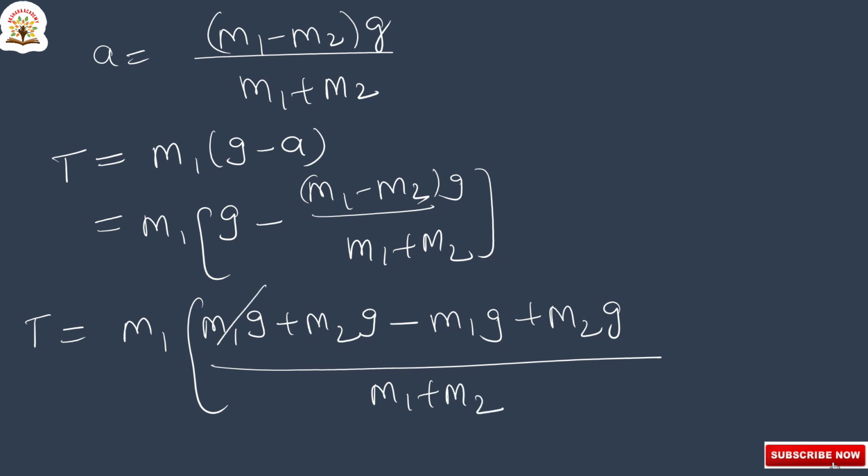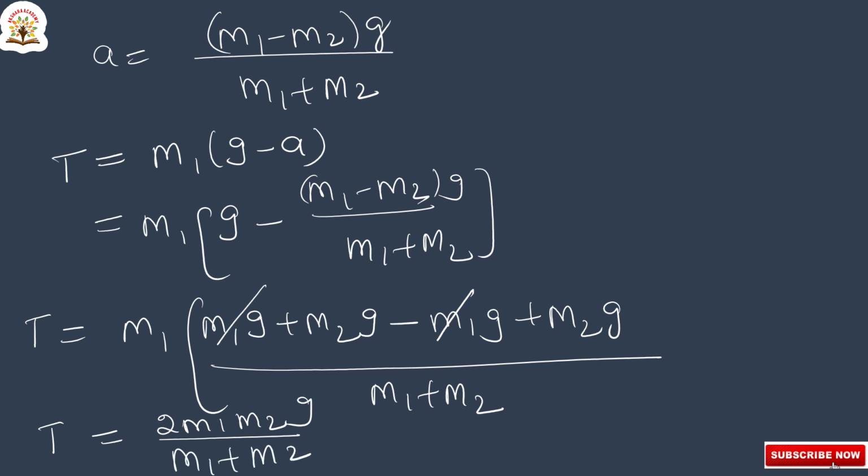Here m1g minus m1g plus m1g cancel each other. The remaining is T is equal to 2 m1 m2 g by m1 plus m2.